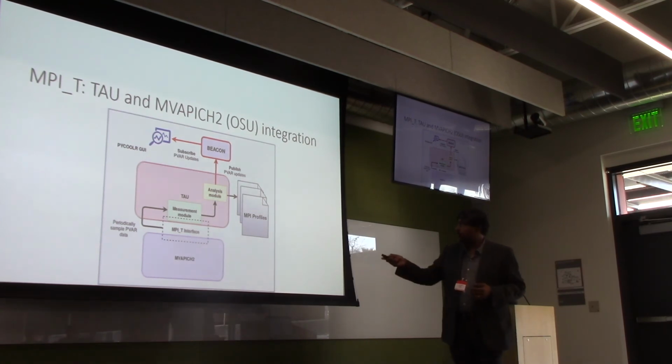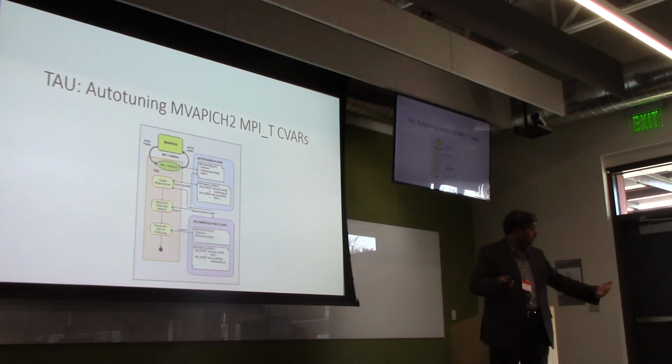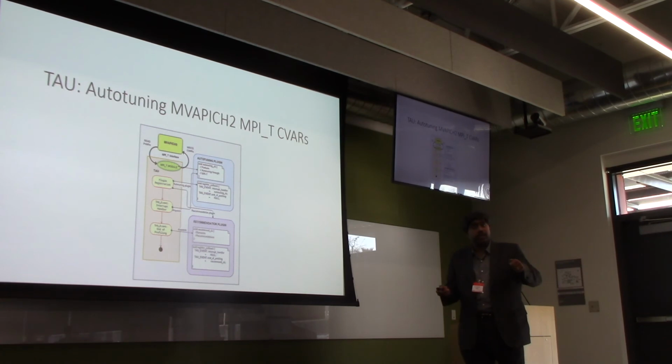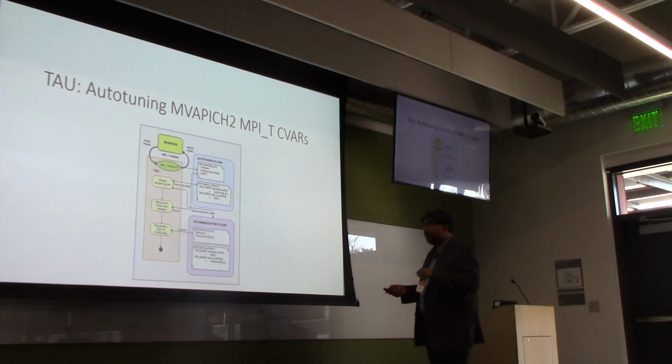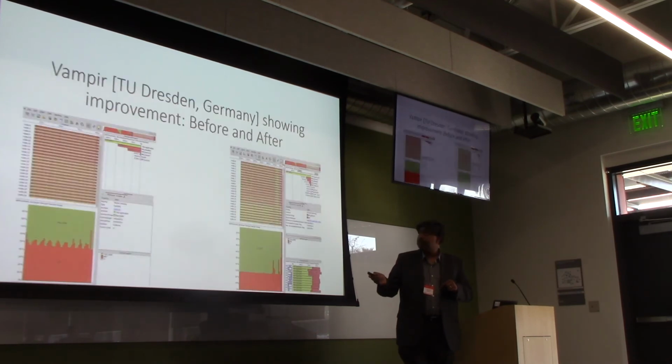So we have this mechanism for using auto-tuning plugins, and then TAU can get all the events where the runtime tells it what's happening right now, and then TAU can be used to evaluate that and make recommendations as well as change values of critical parameters and tune the runtime like this.